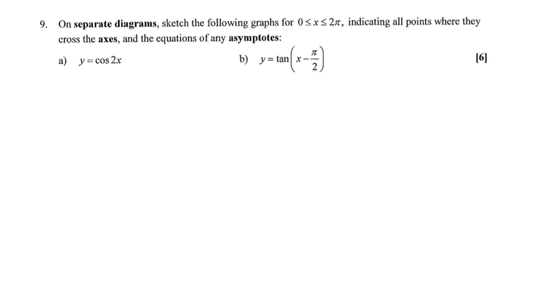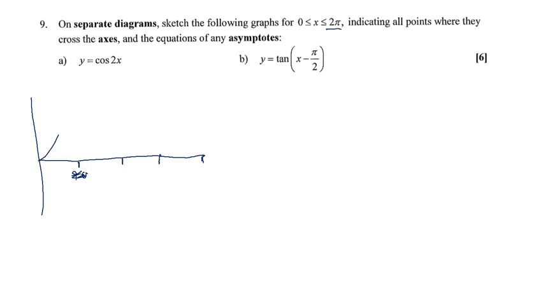With part B, we want to sketch y equals tan brackets x minus pi over 2. The very first thing I would think about is what my normal, just ordinary tan graph looks like. And if it's easier for you to think about it in terms of 0 to 360, that is fine. So if I label up my 90, this would be 90, 180, 270, 360.